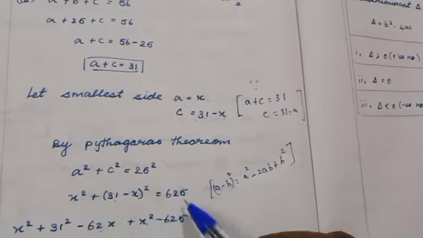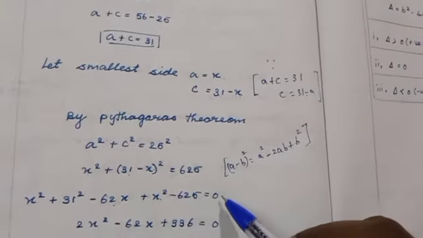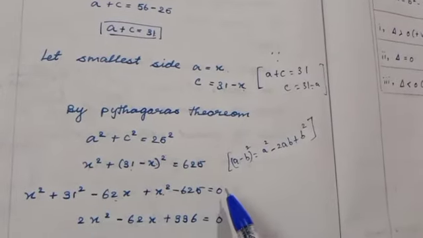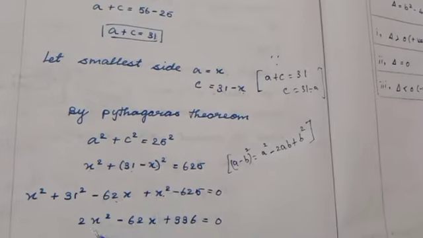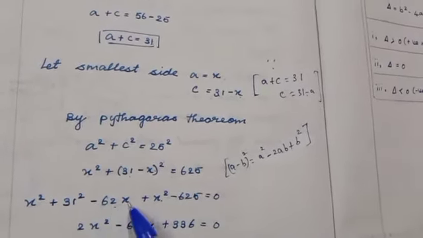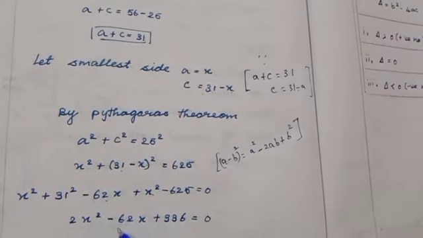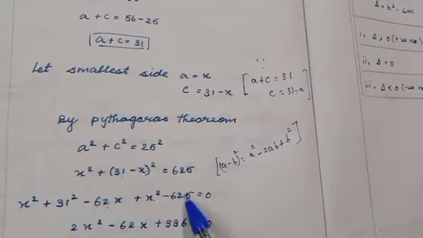This 625 transposed to the left hand side, that is minus 625 is equal to 0. Now simplify this equation. That is x square, 2 times, that is 2x square, then minus 62x.